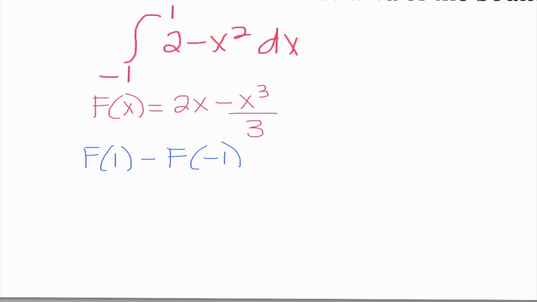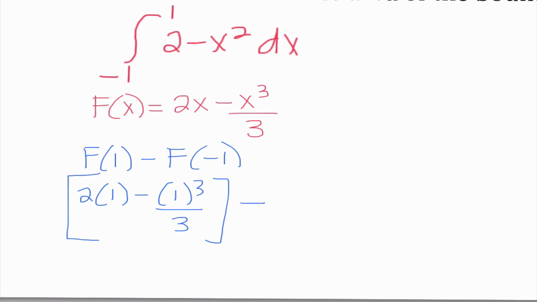With this, I need to substitute into the indefinite integral. So I have 2 times 1 minus 1 cubed over 3, minus 2 times -1 minus -1 cubed over 3.